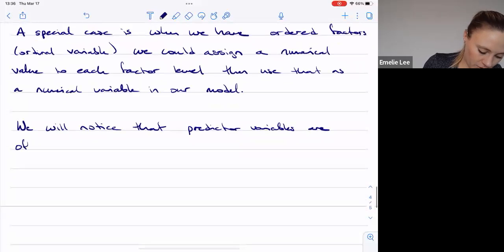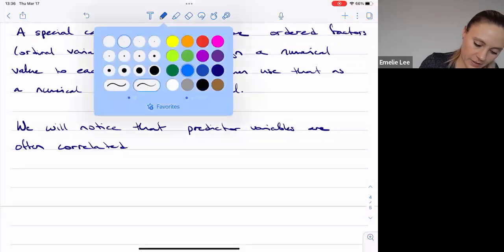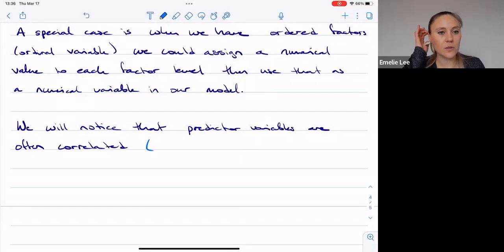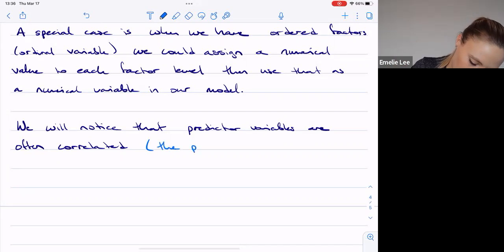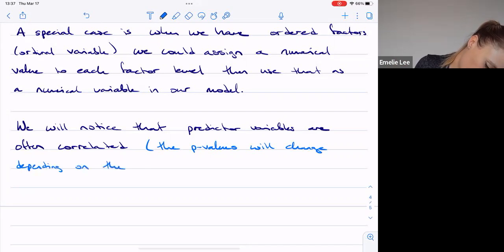Here I just want to add a subnote: the p-values will change depending on the predictors included in the model.